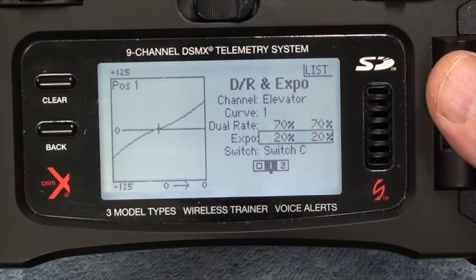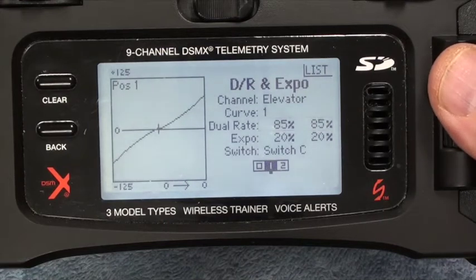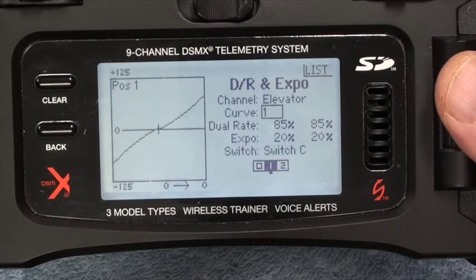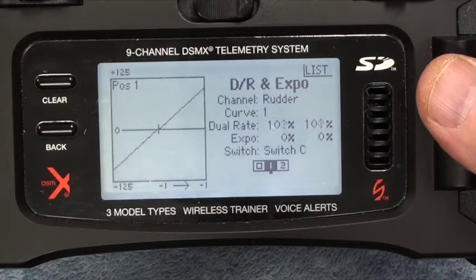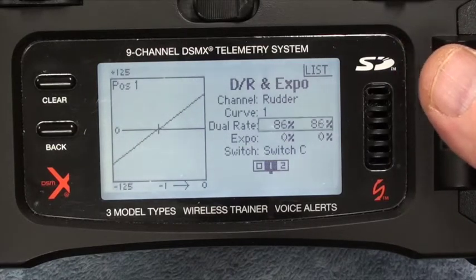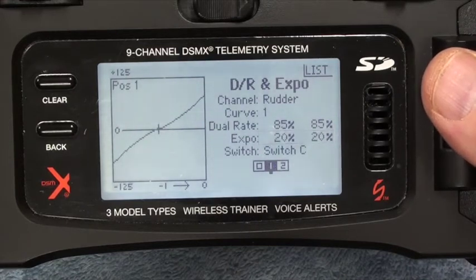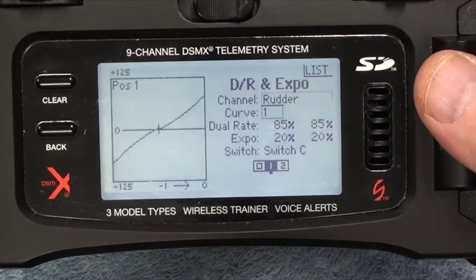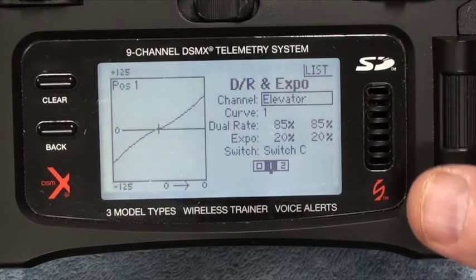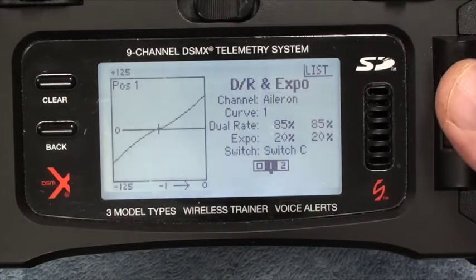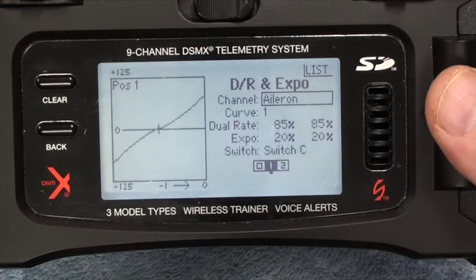I'm not sure why I did that, but that's okay. It's what I want. I'm sorry, I want this to be 85. Okay, curve 1. And rudder. This is supposed to be 85. Expo of 20. Switch C. So rudder 85 at 20, position 1 of switch C. Elevator 85 and 20, position 1 of switch C. Aileron 85 and 20, position 1 of switch C.